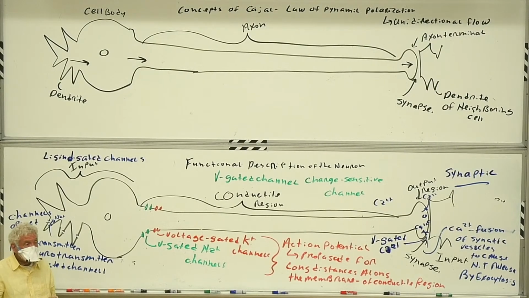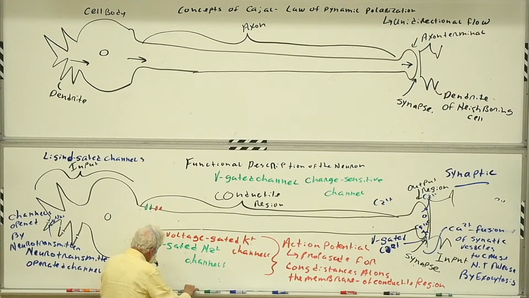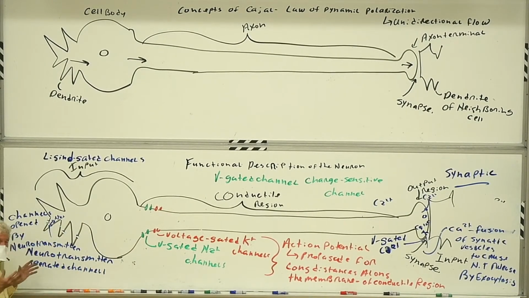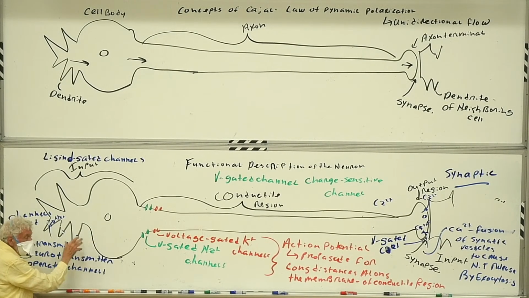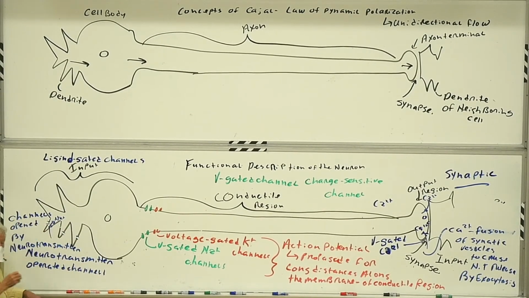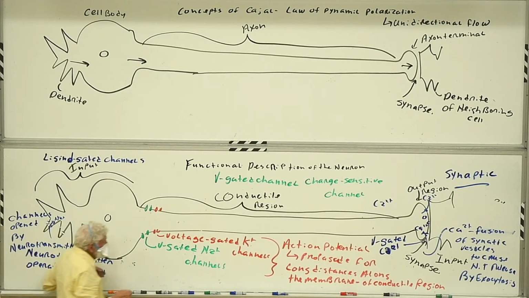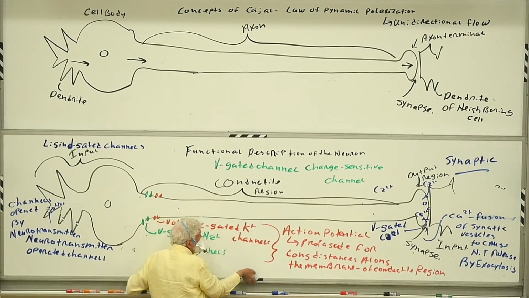Anything else? Okay, so up to this point, what we've been talking about first is this bizarrely shaped cell, and we've been emphasizing the structural components, and then emphasizing the components within the membrane. Now we're going to change gears a little bit, and we're going to begin talking about what's going on in the cytoplasm.